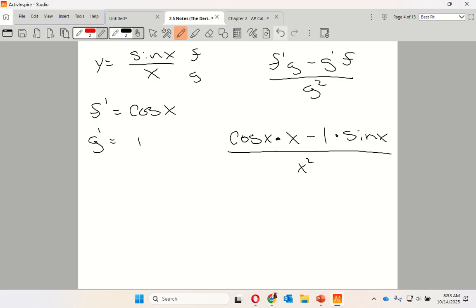And I just need to clean it up. x cosine x minus sine x all over x squared. And to finish out, that is called my y prime.